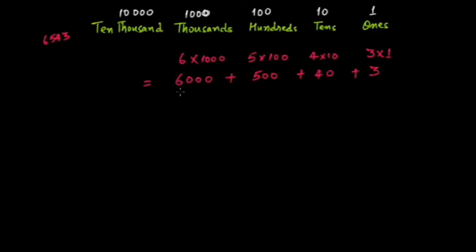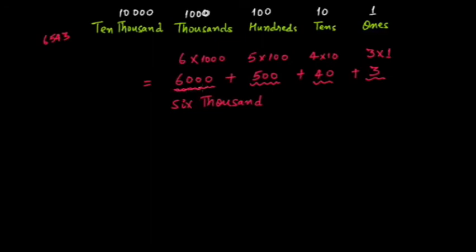Now, you will read this number as 6,000, 543. This is 6,543. Why 6,000?